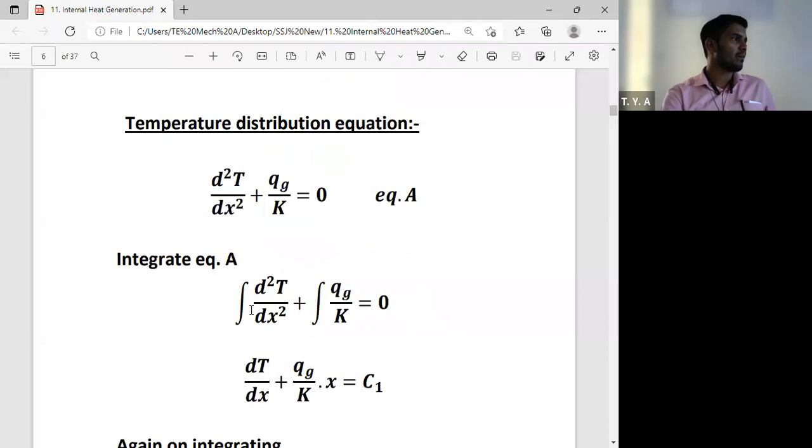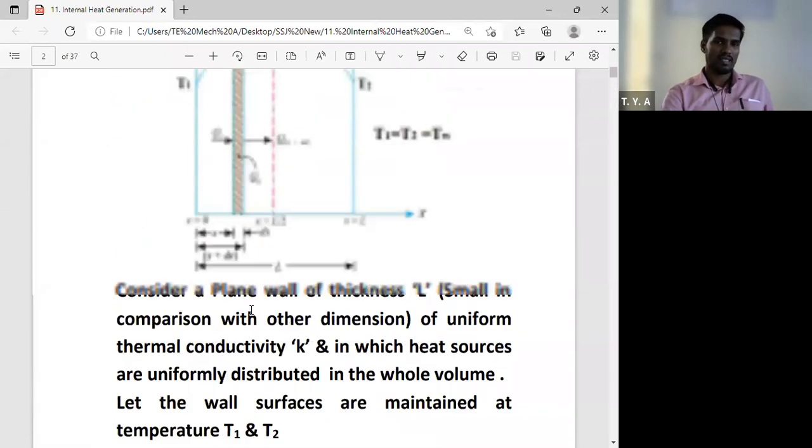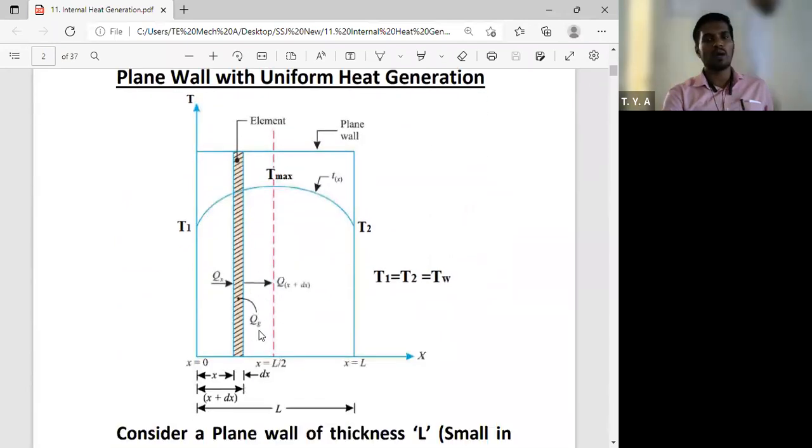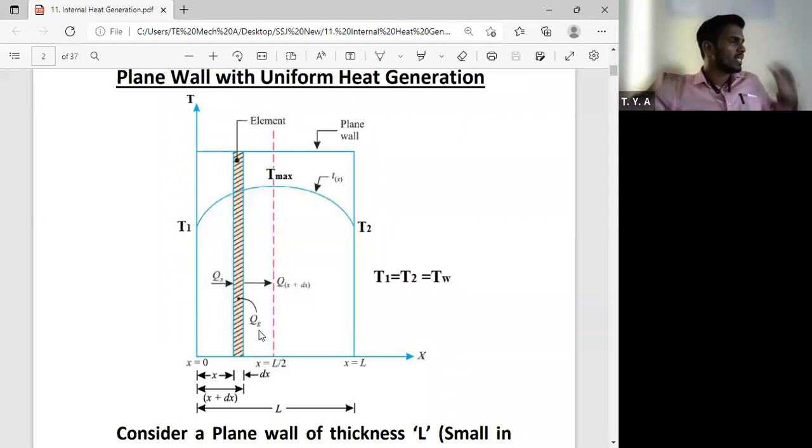So from this diagram, can anyone tell me what the boundary conditions are? We have to use the boundary conditions. Look at the diagram, everyone. So at x is equal to 0, what is the value of temperature?